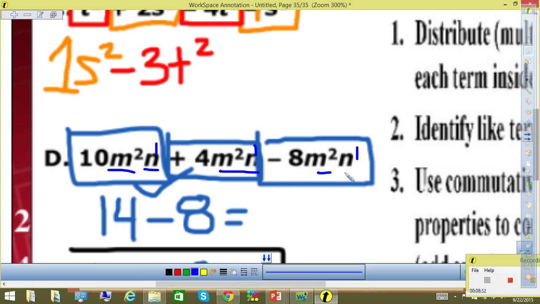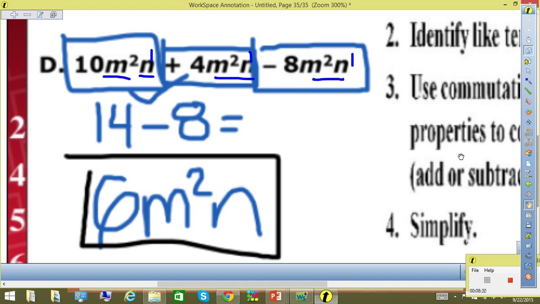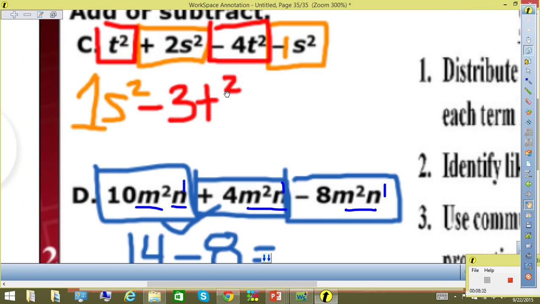So if you notice, they just focused on the coefficients. What is 10 plus 4? 14 minus 8, and that gives us 6m squared n. Okay? And on this one, some of you wrote it as negative 3t squared plus 1s squared. I'll take that, but if you remember, what did I say? You should write it in alphabetical order if they have the same degree, right? So try and keep it organized.